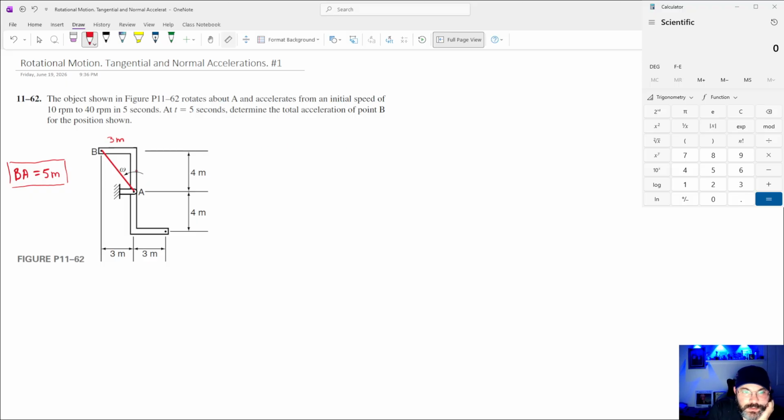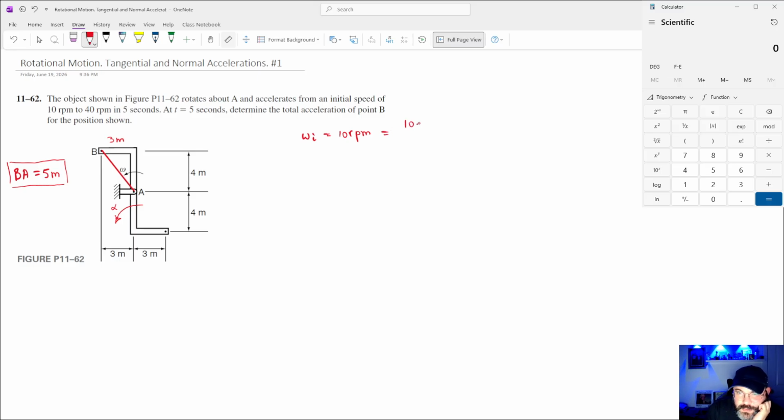So we have the counterclockwise motion, also acceleration. That means we have also counterclockwise acceleration here as well. Right. Initial angular velocity is 10 rpm, right? And let's convert it right away to radians per second.